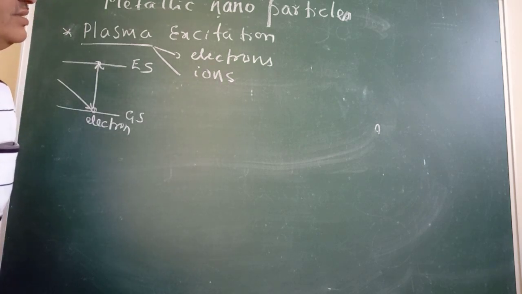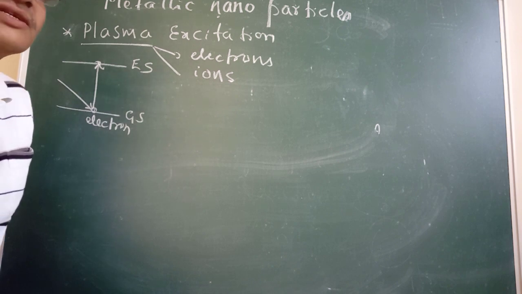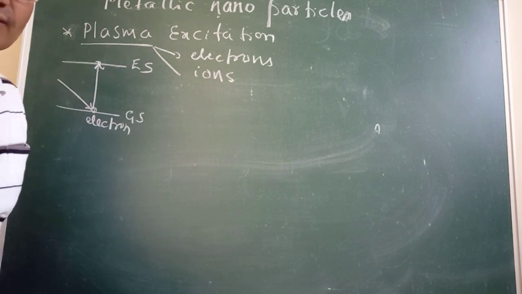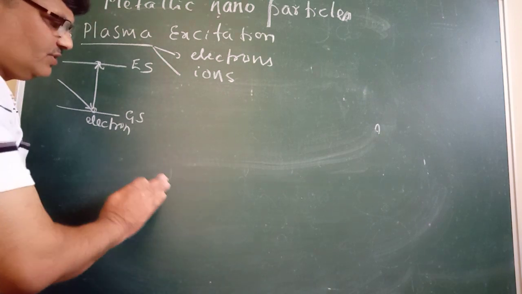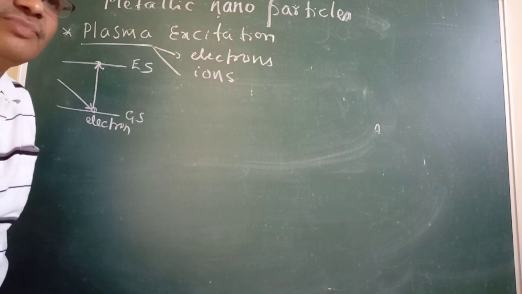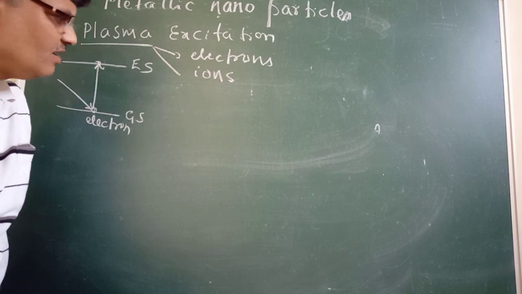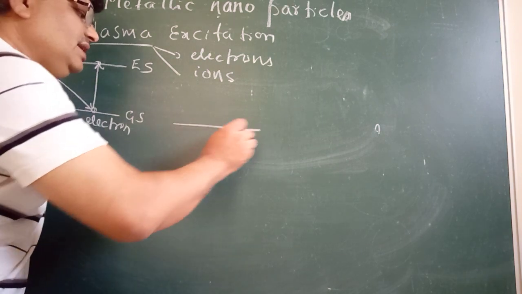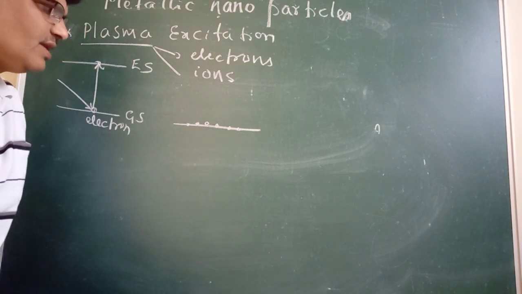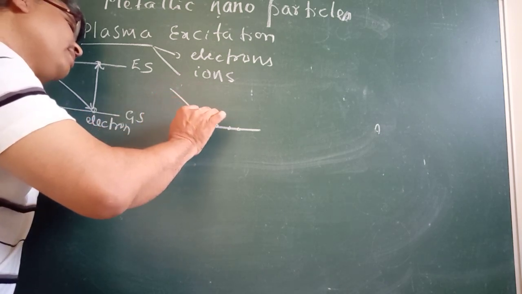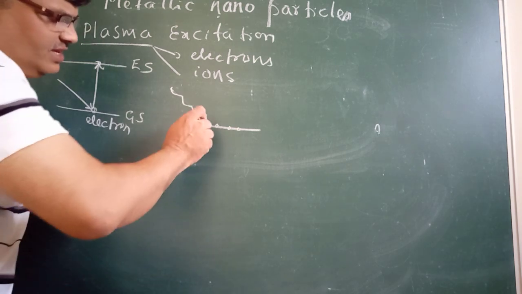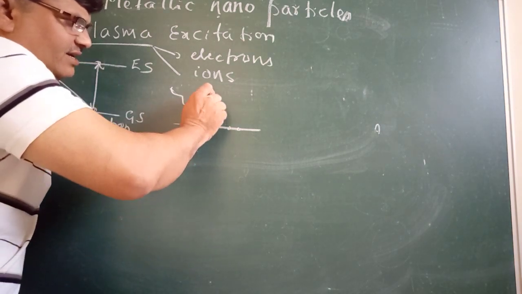We know that metals contain free electrons, which are also called valence electrons. These valence electrons are lightly bound to the surface. For example, when some amount of electromagnetic energy is incident on the electrons present on the surface of the metal, these electrons get excited outside.